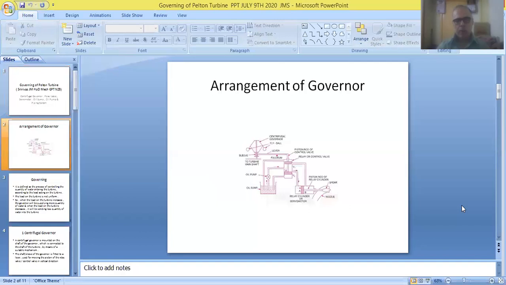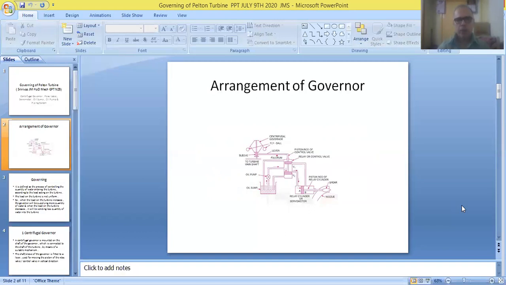Basically, governing is defined as the process of controlling the quantity of water that is entering the turbine.